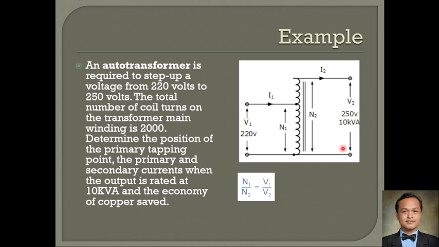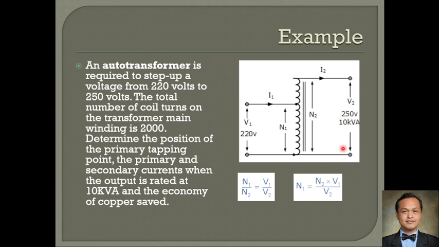This is the turns ratio, wherein N1 is the turns at the primary coil. Rearranging, N2 becomes N1 times V2 over V1... where 1 means primary and 2 means secondary, as you can see in the figure shown.